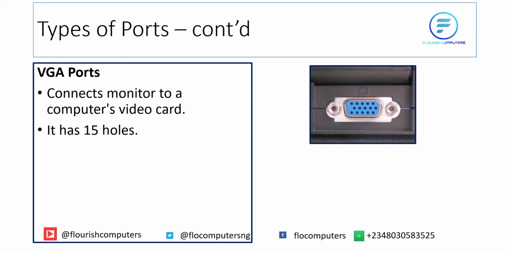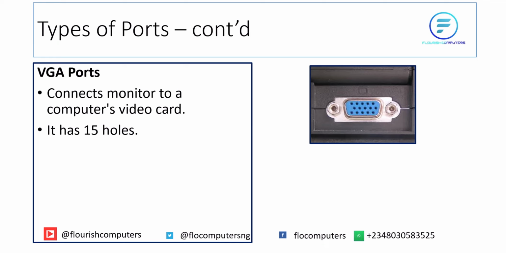So if you don't have it on your laptop or your desktop, don't worry about that. I'm just talking about it because you might have to do something with it. I'm going to talk about what it has been replaced with. In the same way the parallel and serial ports have been replaced with USB, the VGA port has been replaced with the HDMI port. We are going to see that in a short while.